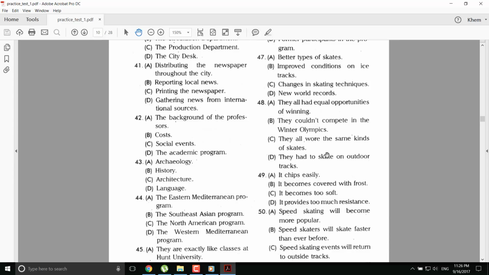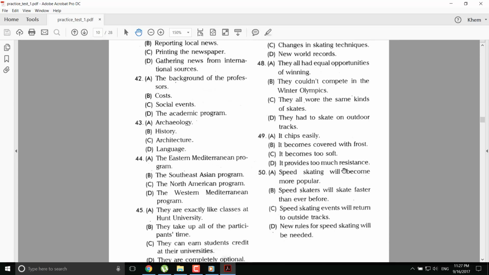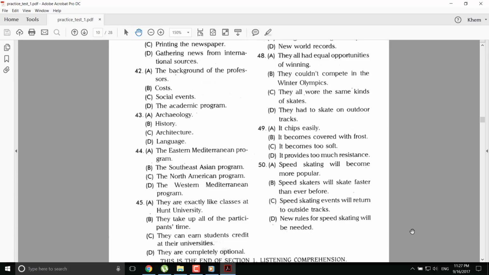Number 49. According to the speaker, what happens to ice that contains too many minerals? Number 50. What prediction does the speaker make about the near future?